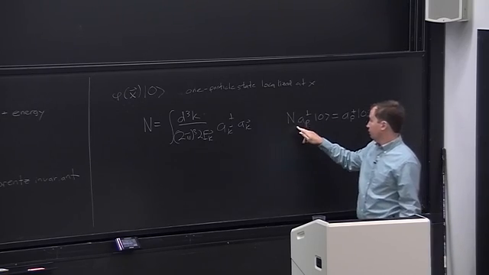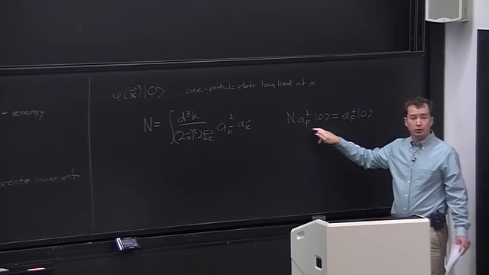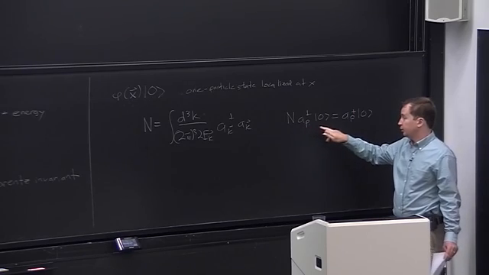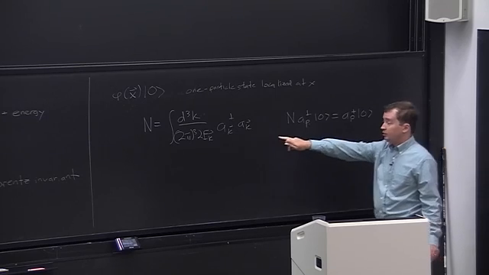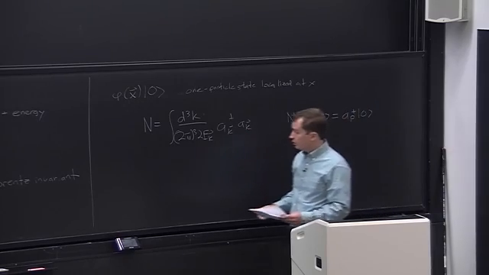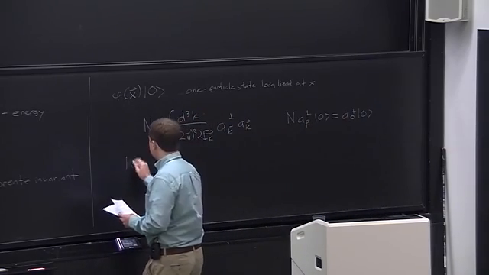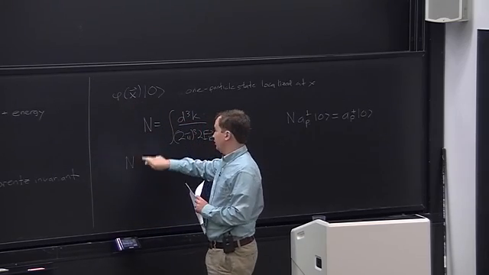And if we put more creation operators here, that would be a multi-particle state, which I'll come to in a minute. This N just counts the number of particles in the state. And this is a one-particle state in the sense that this state has eigenvalue 1.